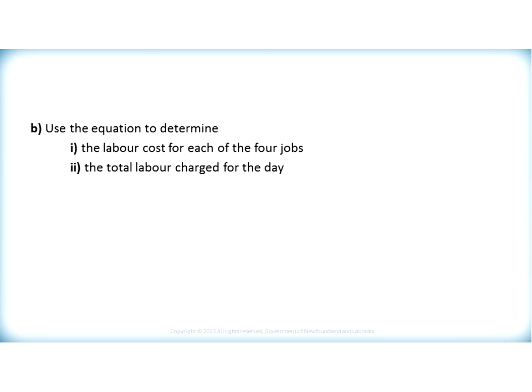So we're going to use that equation now to determine the labor cost for each of the 4 jobs first, and then once we know the cost of each of the 4 jobs, we're going to look for the total amount of labor charged for that day. In job 1, we're using the equation L equals 72T. L is equal to 72 times the number of hours he worked, which is 1.3.